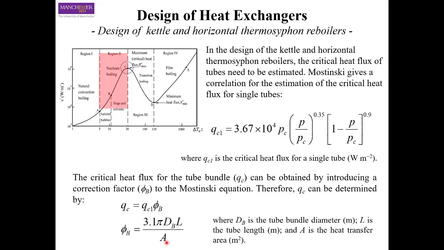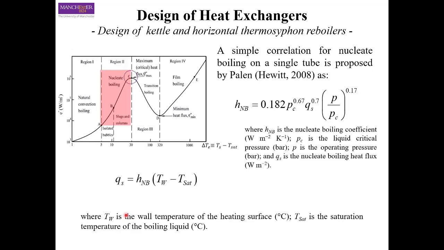So once you know the value of critical heat flux, you can, again, as I said before, decide what safety factor you want to operate at. Let's say you want to operate at 70% of critical heat flux, and that gives you the value of QS, and then based on that you can calculate H and B. So most of the correlations for the design of reboilers use iteration.